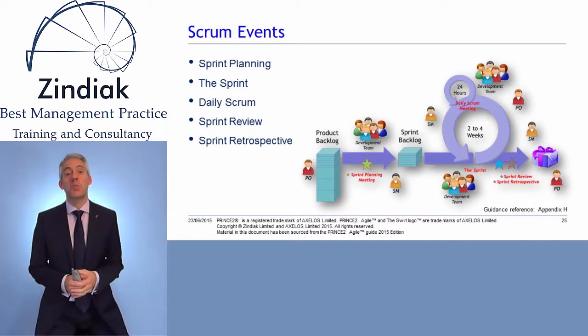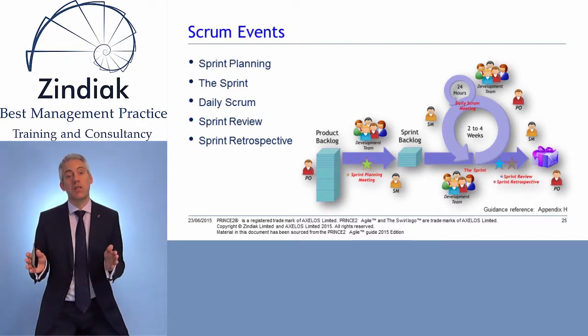We then move on to sprint planning, where the Scrum team come together to select the sprint backlog, which is the list of prioritised products the development team are going to try to deliver in the next sprint, the next time box period of development time.